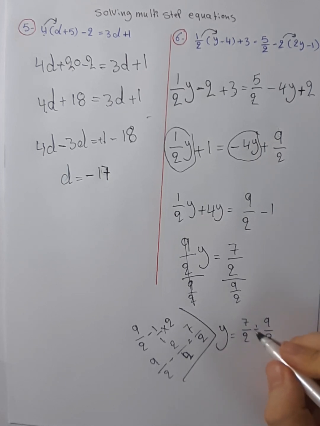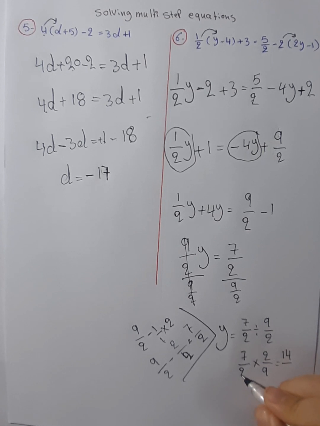In division we have to write the first fraction without change, 7 out of 2, and change divide to multiply, and then we have to write the reciprocal of 9 out of 2, which is 2 out of 9, and then we can multiply. 7 times 2 equal to 14. 2 times 9 equal to 18. So the value of y is 14 out of 18.